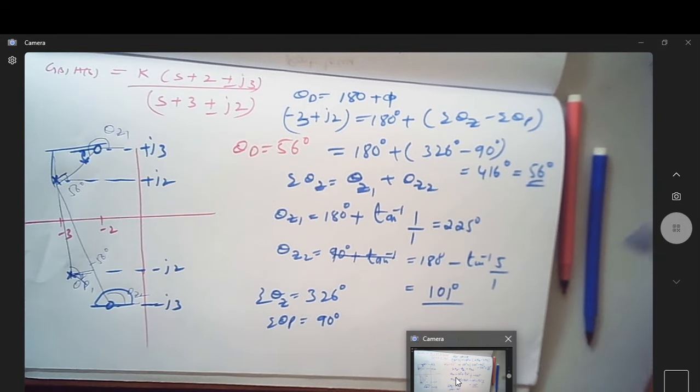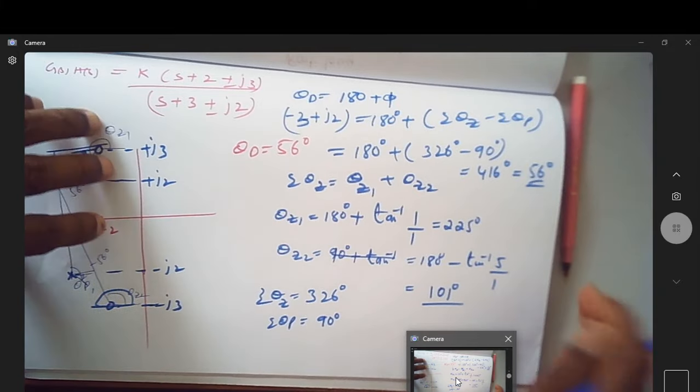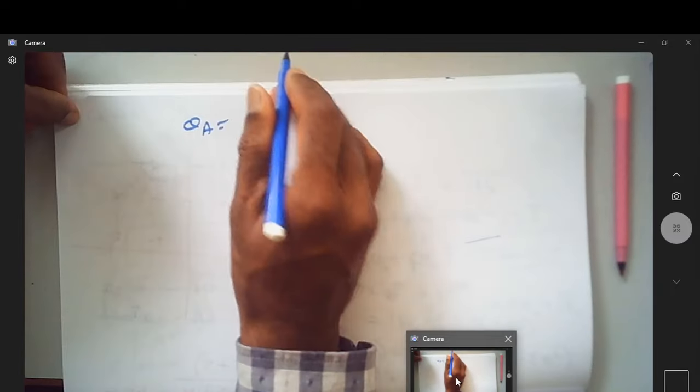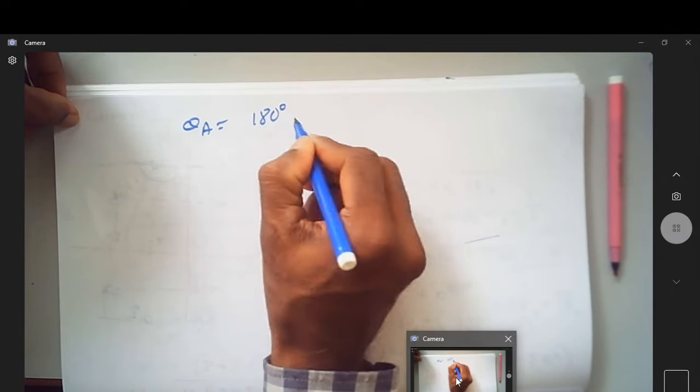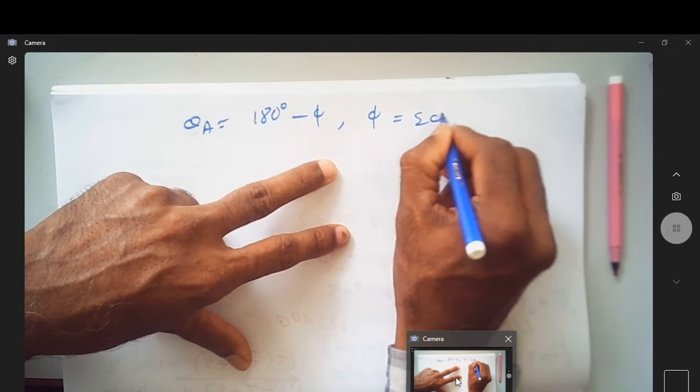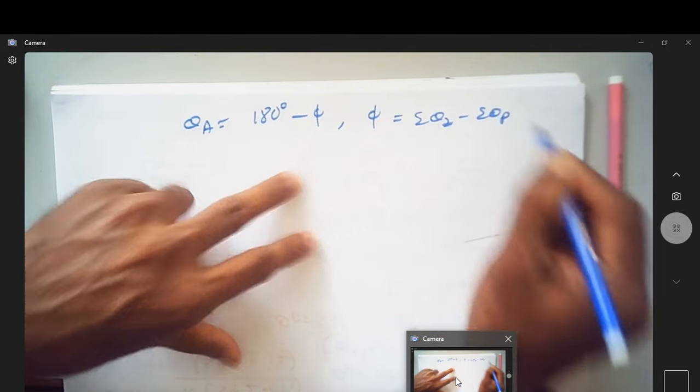We need to find the angle of arrival. For finding the angle of arrival, theta A is nothing but 180 degree minus phi, where phi is again summation theta z minus summation theta p.